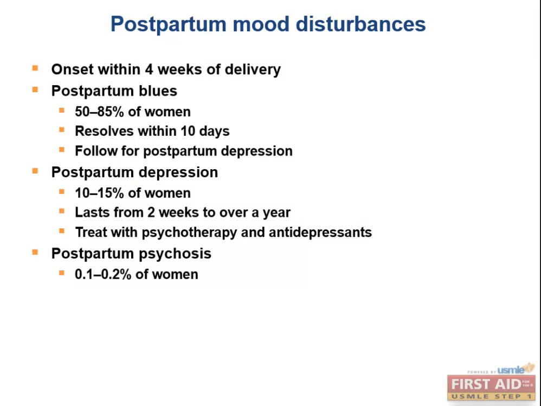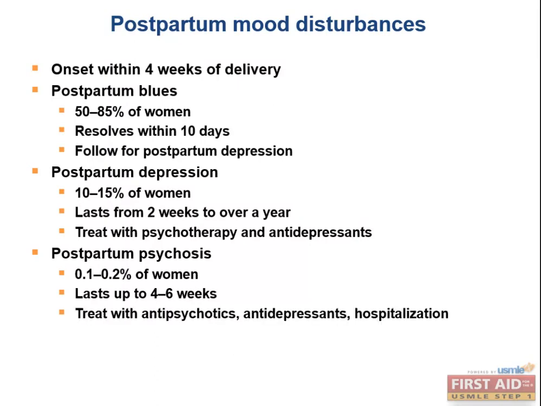Patients with postpartum psychosis can have these symptoms for up to 4 to 6 weeks. And often it's going to require pharmacological intervention and, if necessary, inpatient hospitalization. The pharmacological intervention involves antipsychotics and antidepressants.